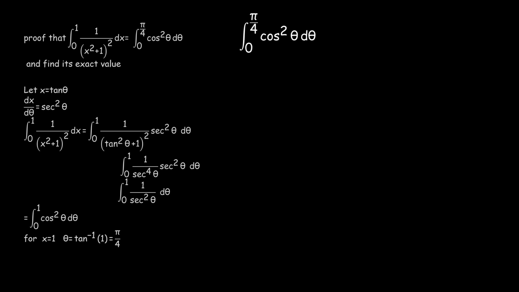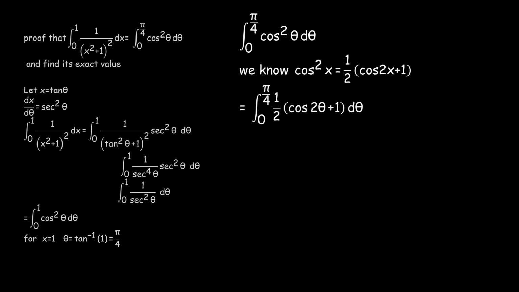Okay, so I think we need to use the trigonometric identity for cos squared theta. So we know that cos squared x equals half parentheses cos 2x plus 1, right? We substitute that. Then we integrate. The integral of cos 2 theta is sine 2 theta. So we're going to have half brackets half of sine 2x plus x over 2 from 0 to pi over 4.